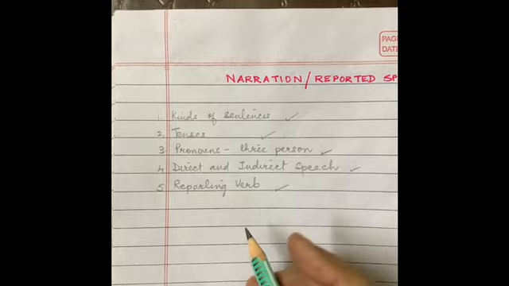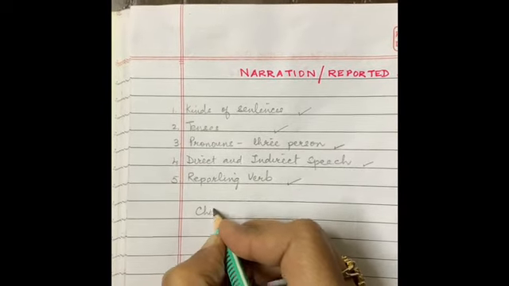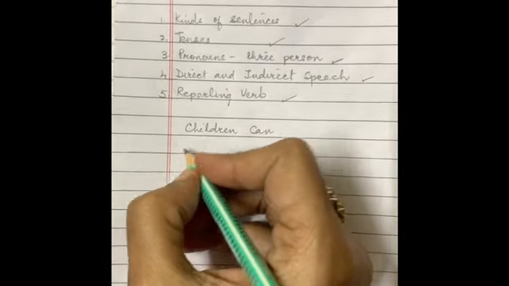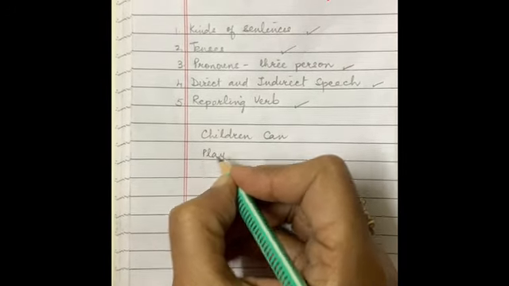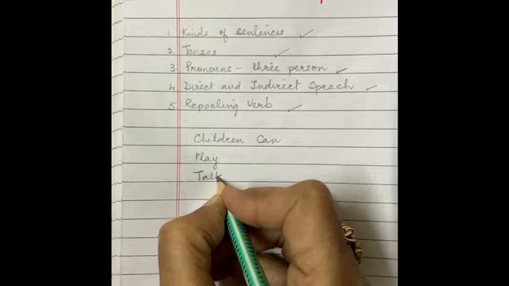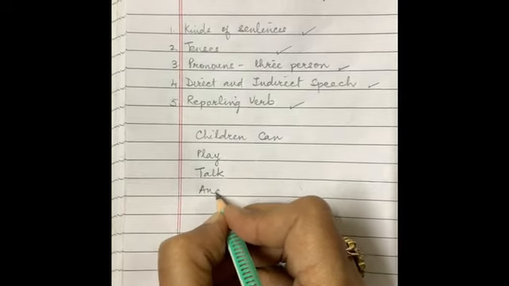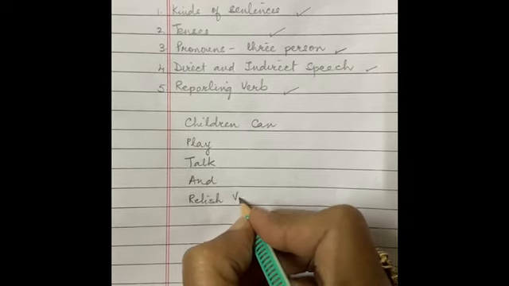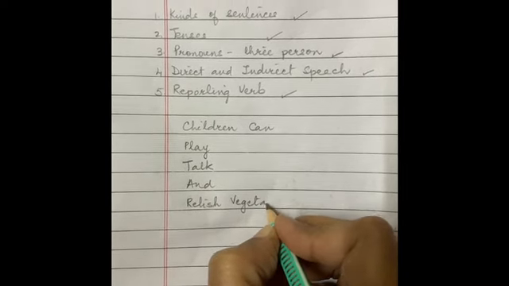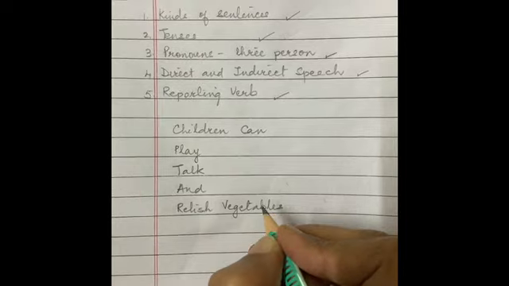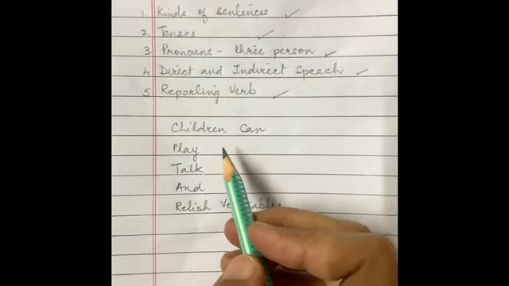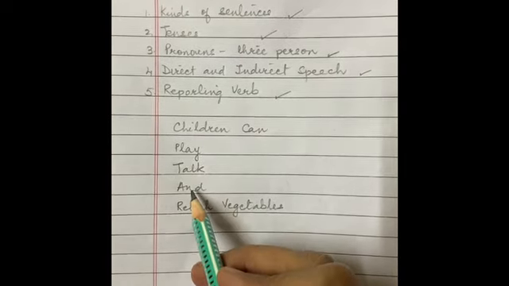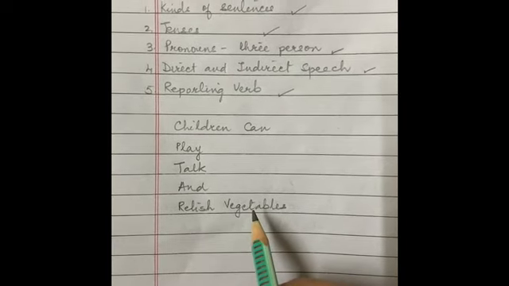And the mnemonic is: children can play, talk, and relish vegetables. So, the mnemonic is: children can play, talk, and relish vegetables.